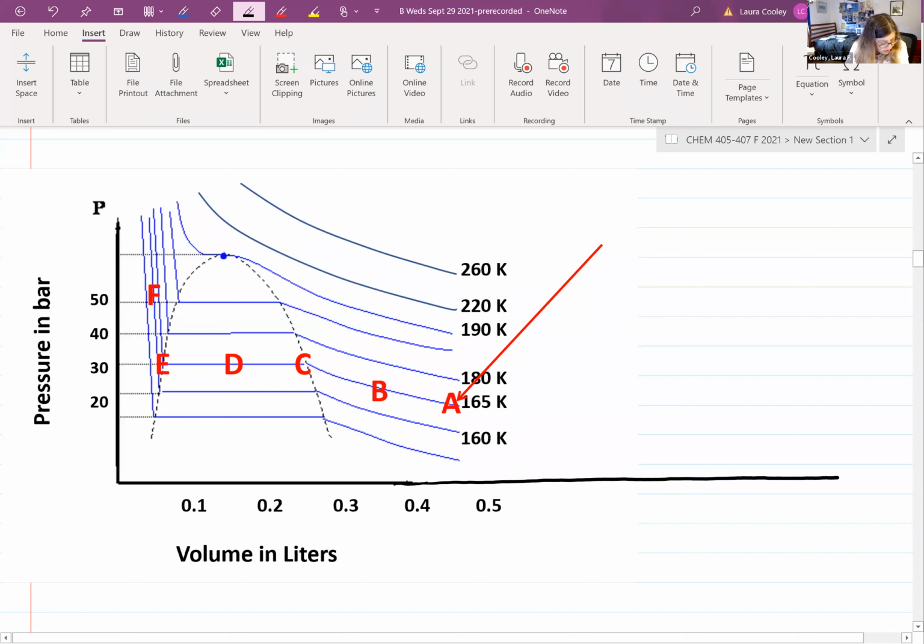So let's suppose that we had 165 Kelvin, but way, way out here. In other words, let's pick a pressure of 1 bar. 1 bar would be way out here somewhere. At 1 bar pressure, the methane is going to behave ideally at 165 Kelvin.